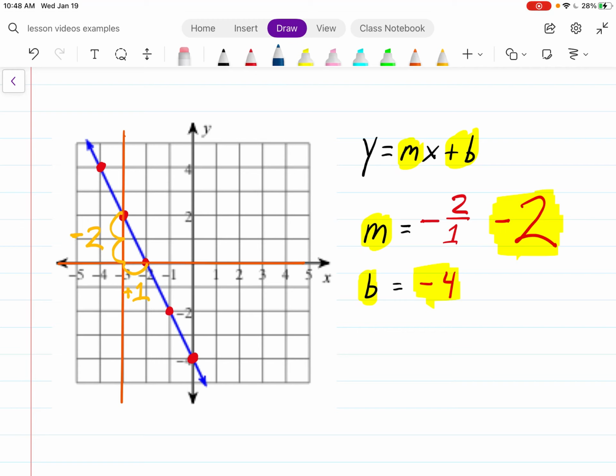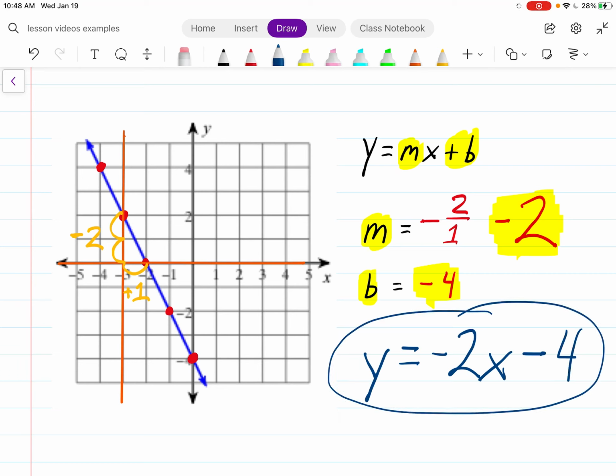And we would now know that the equation is y equals -2x, and the y-intercept is -4, so we'll put -4. So the slope-intercept form of the first graphed line is y equals -2x - 4.